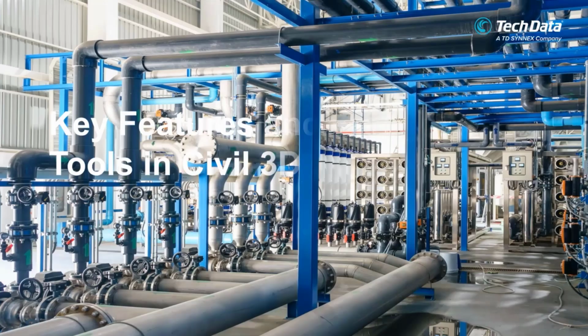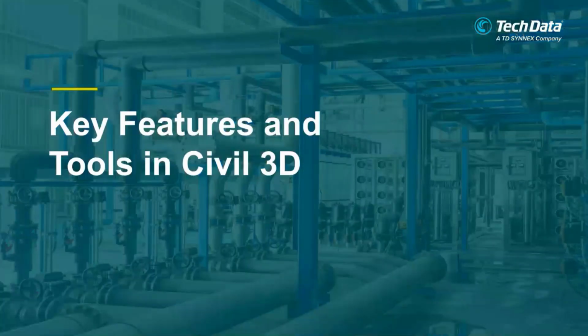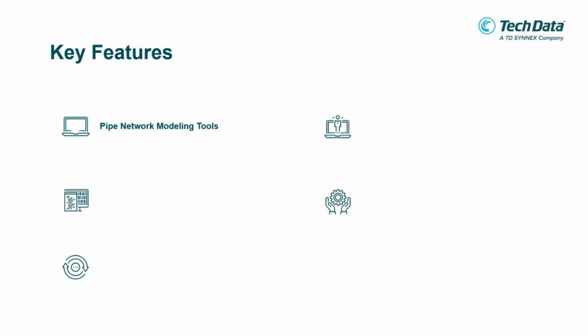So, before I end my session today, I wanted to highlight the key features and tools in Civil3D. As you see right now, okay, the first thing is the pipe network modeling tool, where you can see a detailed overview of tools available for creating and managing your pipe networks.